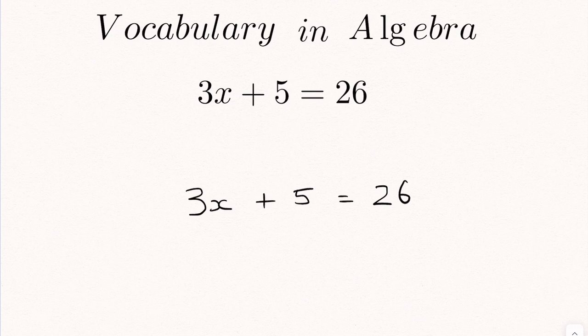For the first one, we have 3 here and we have x, but I will explain x first before the 3. This x is called a term, and it could mean anything. It could be x for apple, x for water bottle, x for banana, x for lemon, x for xylophone.